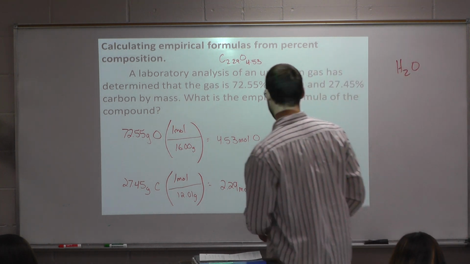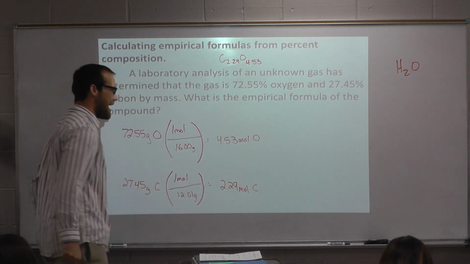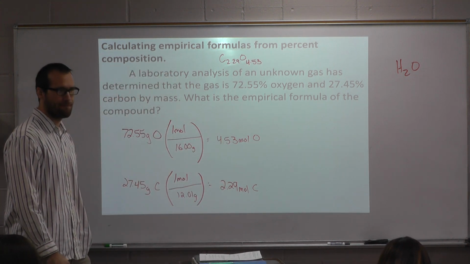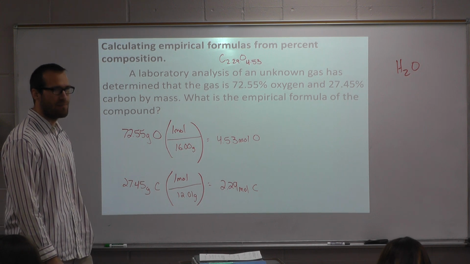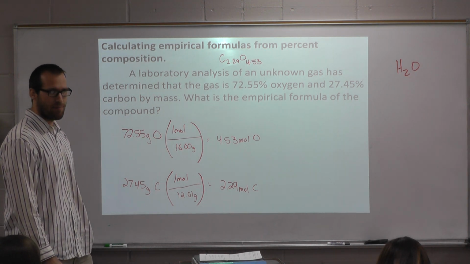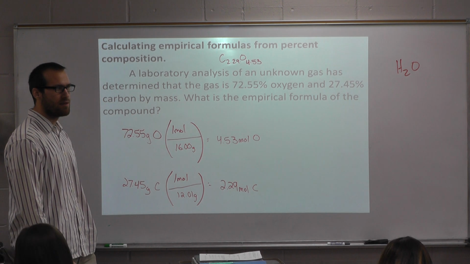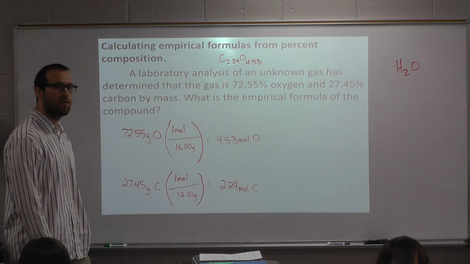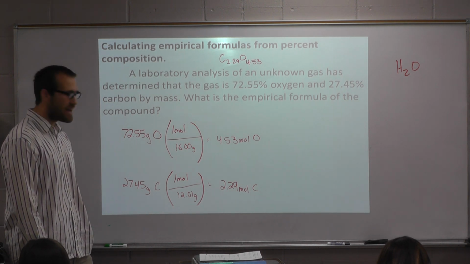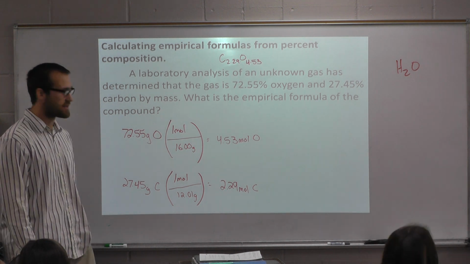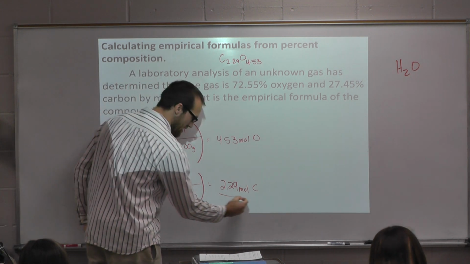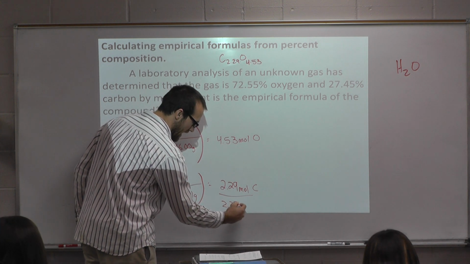So let's take these two numbers here. What would I have to do to get one of them to be 1? Divide by one or the other. Divide by itself. But I'm going to divide by the smallest of the two, because they're both not going to be 1s, are they? It's not possible. So let's take this one and divide it by 2.29.